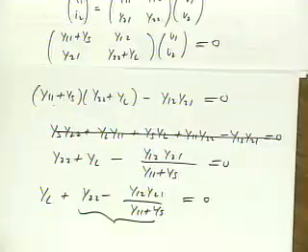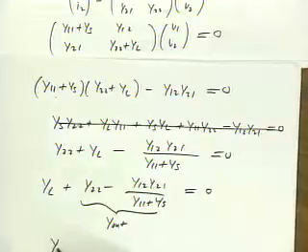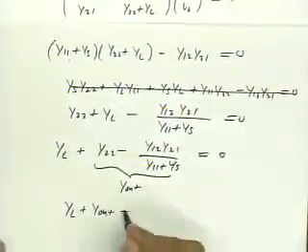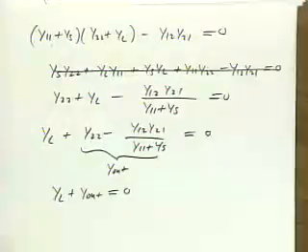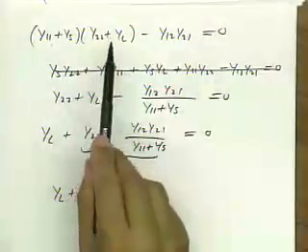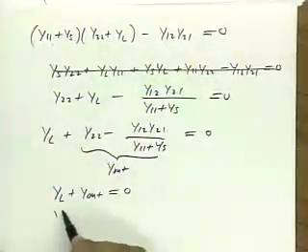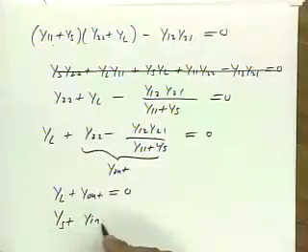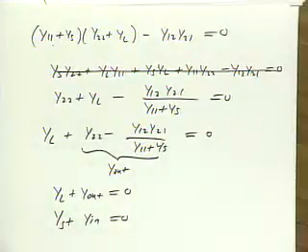What's this? Exactly, this is Y out. So I have an equation that says YL plus Y out is equal to 0. If I do it the other way, if I divide by this term, I have an equation that says YS plus YN equals 0. That makes sense?